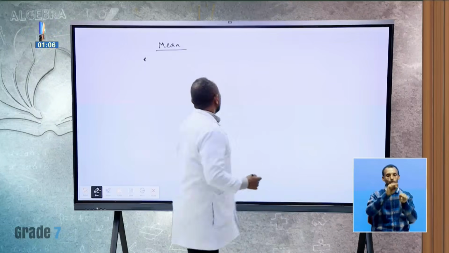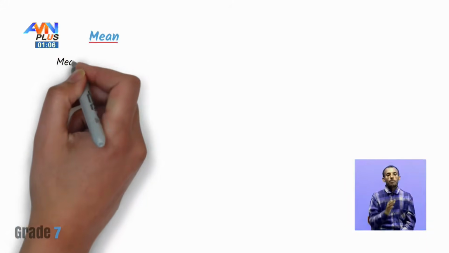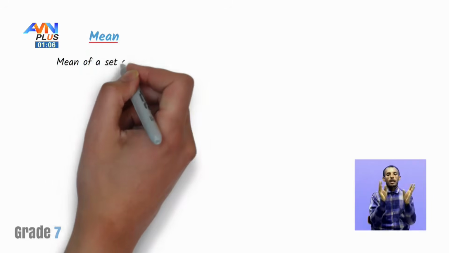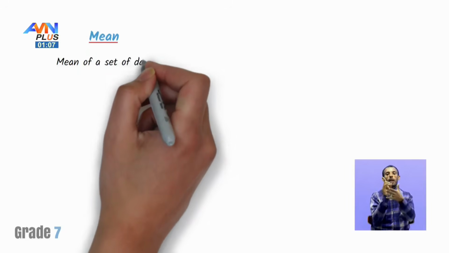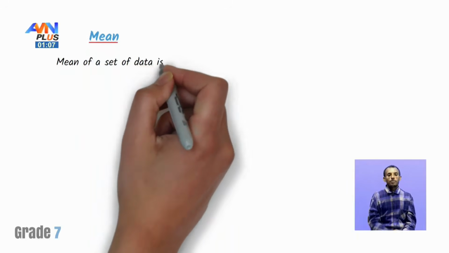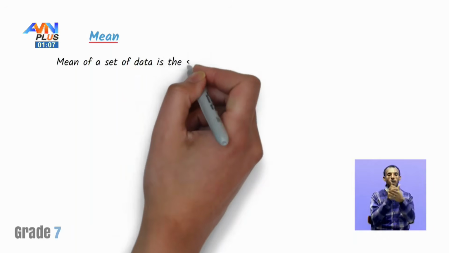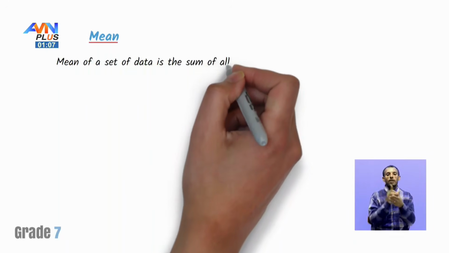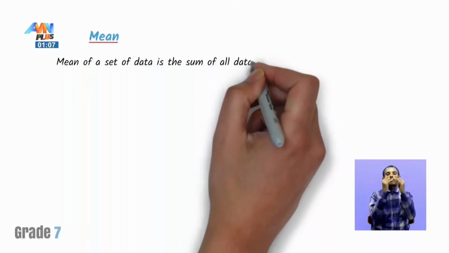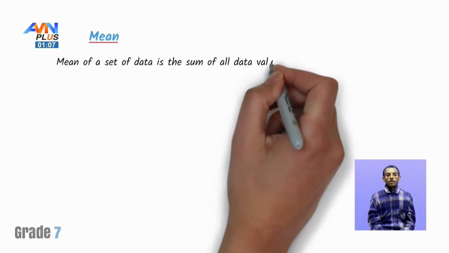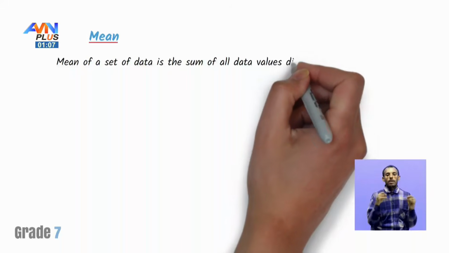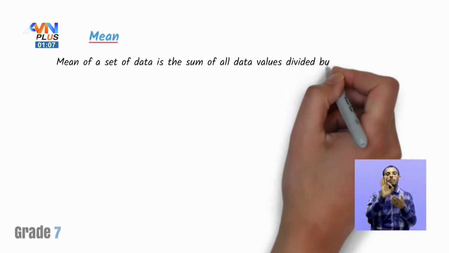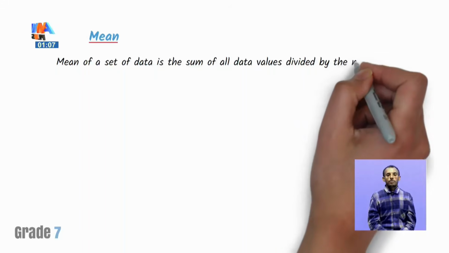So the mean of a set of data is the sum of all data values divided by the number of data.